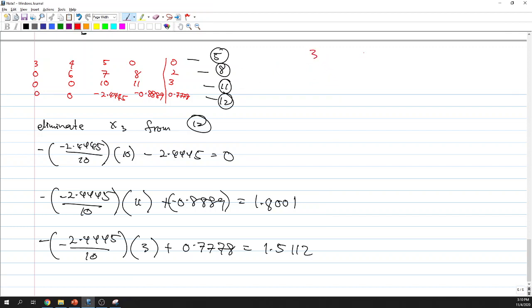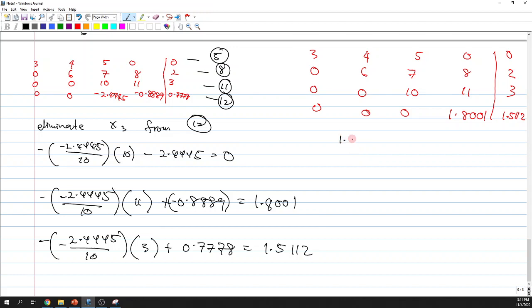So 3, 4, 5, 0, 0, 0, 6, 7, 8, 2, 0, 0, 10, 11, 3, 0, 0, 0, 1.8001, 1.5112. Okay, so then we solve the equation.